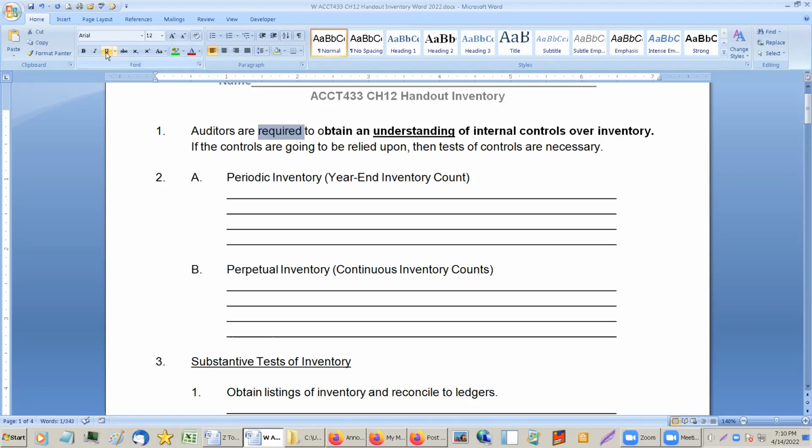Auditors are required to get an understanding of internal controls. If the controls are going to be relied upon, then tests of controls are necessary. So if we're going to rely on them, test the controls. We talked about that before.